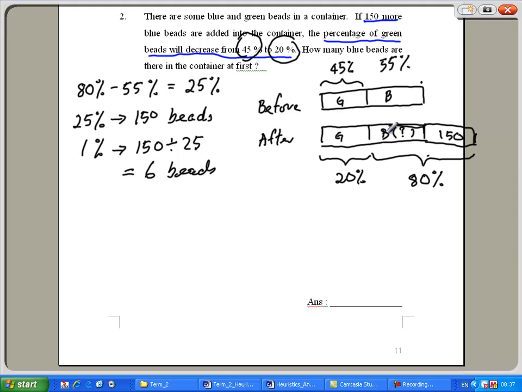Okay. So 55% will be 6 times 55, which will give us 330 beads.